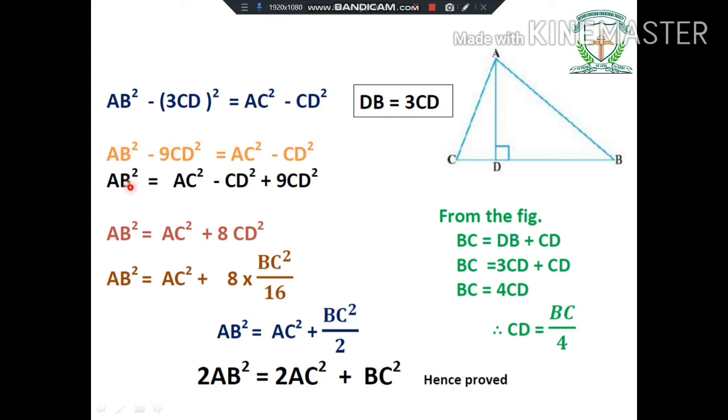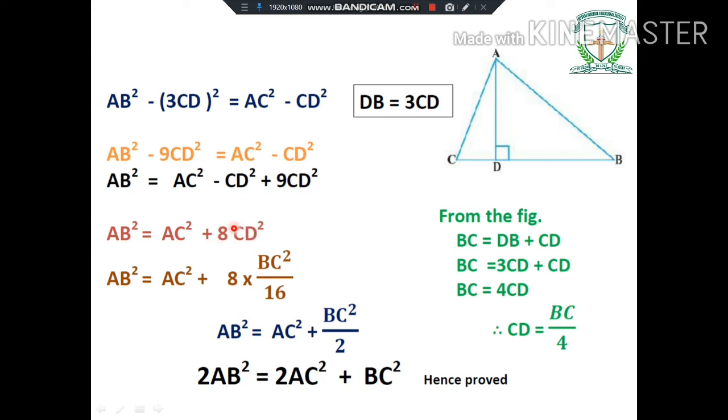Write AB square as it is, AC square as it is, minus CD square. Bring this 9CD square to the right hand side. Minus 9CD square becomes plus 9CD square. Write AB square as it is, equal to AC square minus CD square plus 9CD square. Subtract, you get 8CD square. AB square is equal to AC square plus 8CD square.